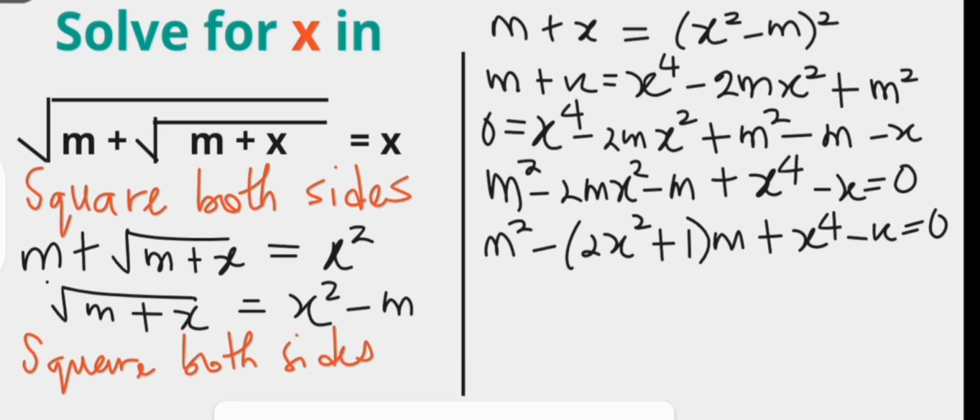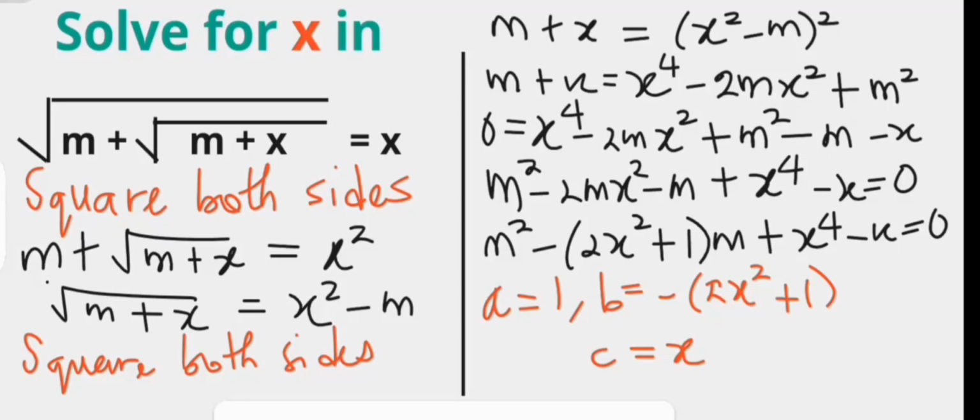We now have a quadratic equation in m where a is the coefficient of m squared, which is 1. b is the coefficient of m, which is minus into bracket 2x squared plus 1, and c is the terms without m, which is x raised to power 4 minus x.